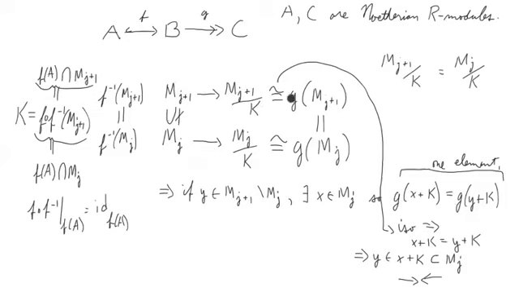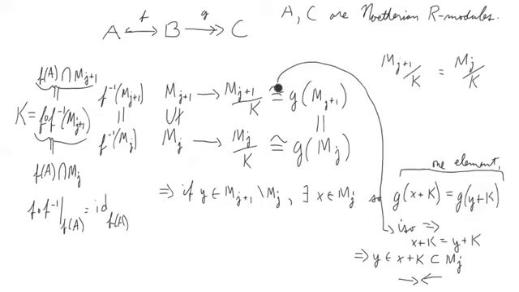Because this is an isomorphism and these images are equal, all of the cosets here with representatives in m_j also have the exact same set of images as the cosets over here. And this is an isomorphism.